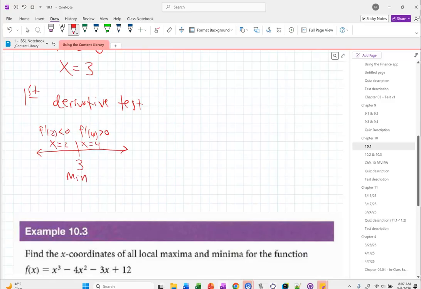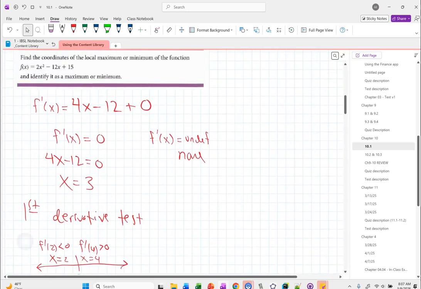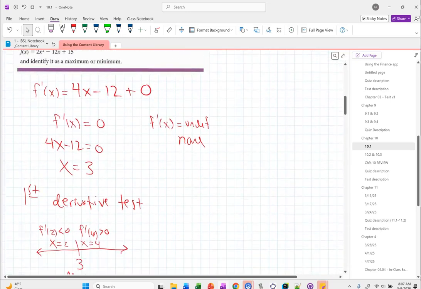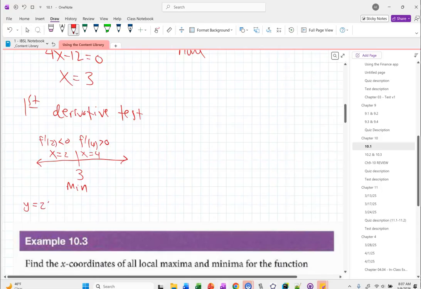So then to find the coordinate of this, because that's what the question actually asks for, I'm going to find the y value now by plugging that into the original 2x squared minus 12x plus 15. So you plug 3 into that? Yes.